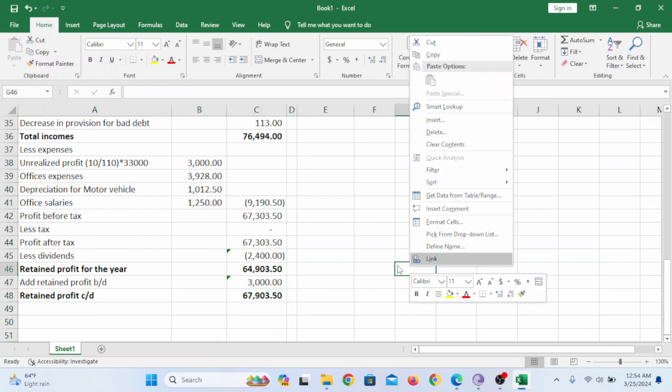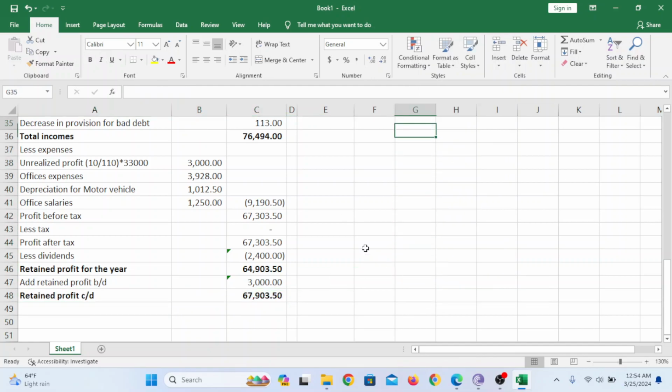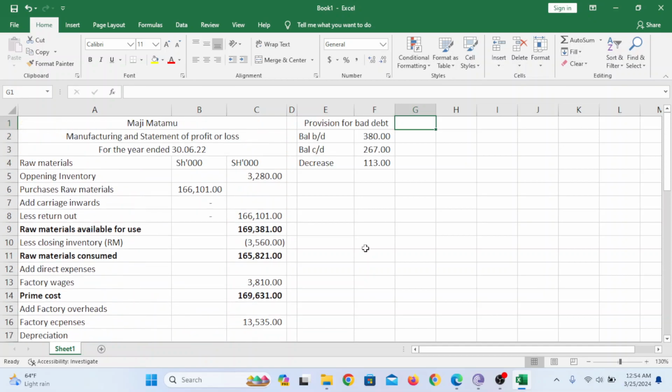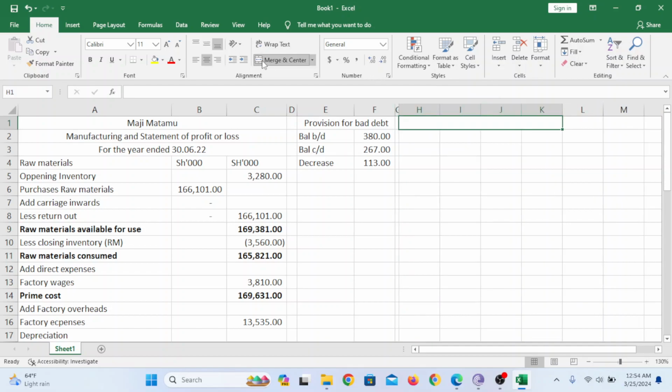For the statement of financial position, you also need to know the format, what to put where and when. The first thing we need is the name of the company. Because I have it already, I'll bring it here.